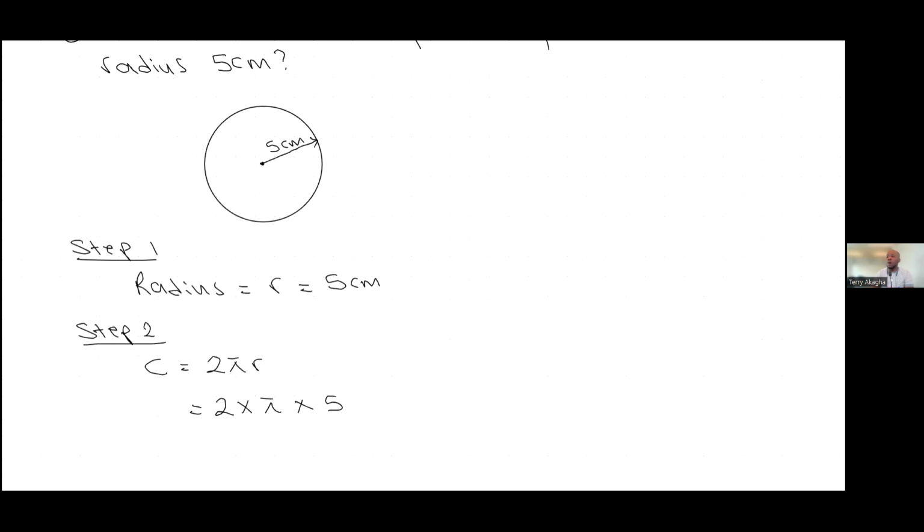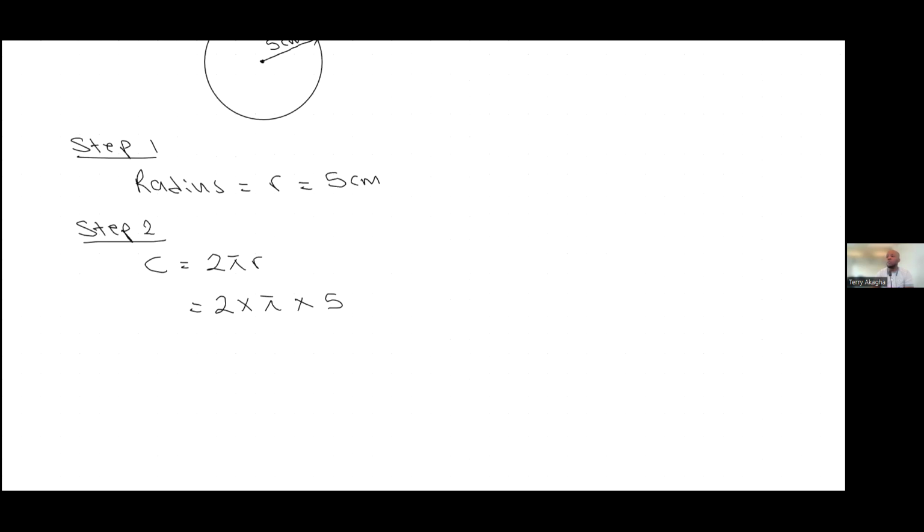You put this into your calculator to get your answer. 2 times 5 gives you 10. You can call it 10 pi centimeter, or if you want it in decimals, it's going to give you 31.42 centimeters. And that's how you get that. All right, so that is the answer for that.